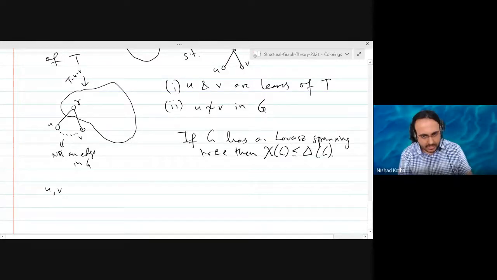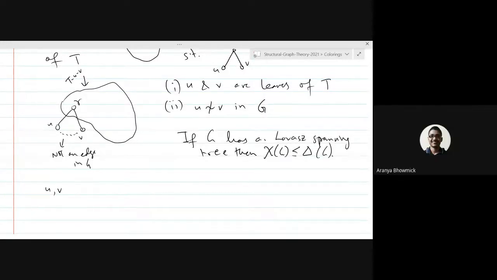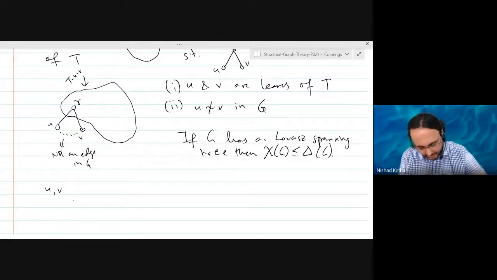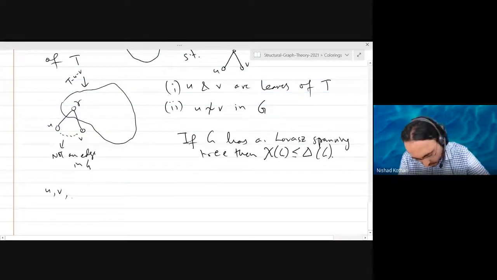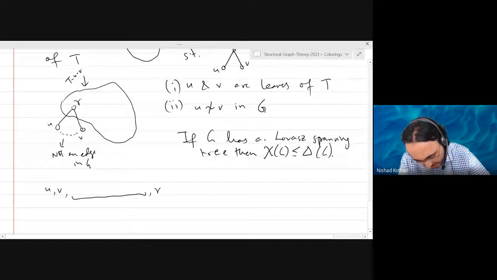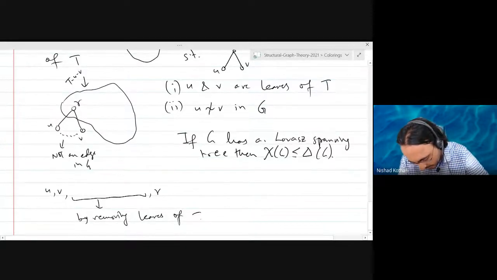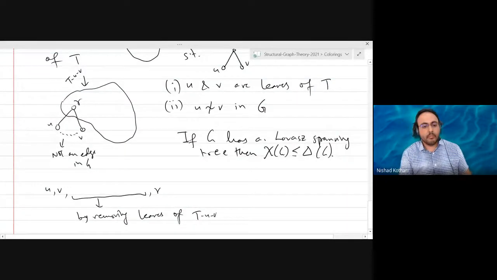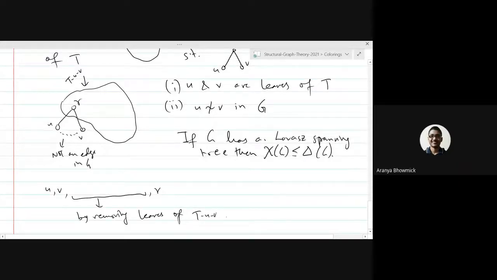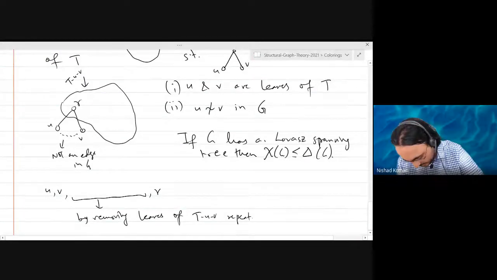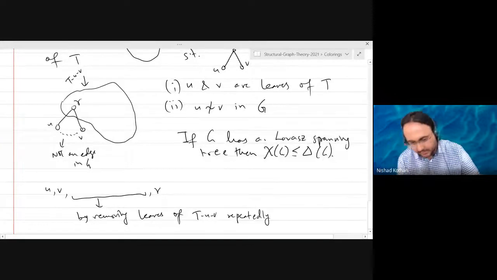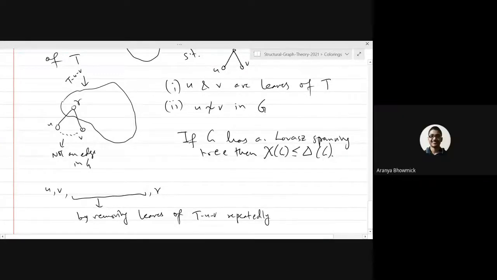What will be your last vertex? Last vertex will be R. Exactly. So we will get an ordering like this, constructed by removing leaves of T minus U minus V. We have to be careful that we remove the vertex R at the end, not before. Then we are done.